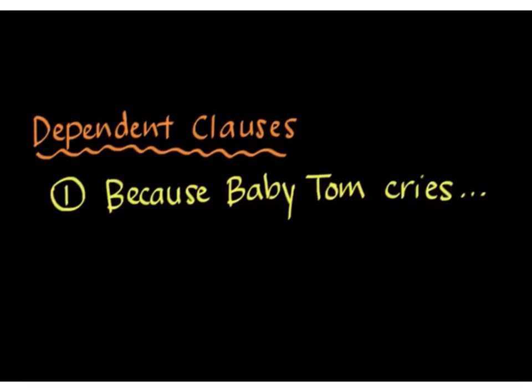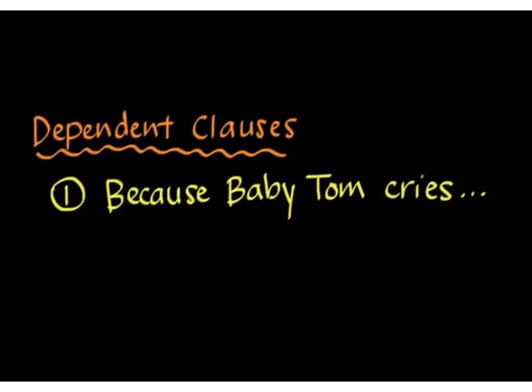If you look at that, because is one of those markers that we were looking at. So that would give you a clue, since it's coming at the beginning, that that is your dependent clause. Ask yourself if it's a complete thought. Because baby Tom cries. It cannot stand alone, so it has to be a dependent clause.